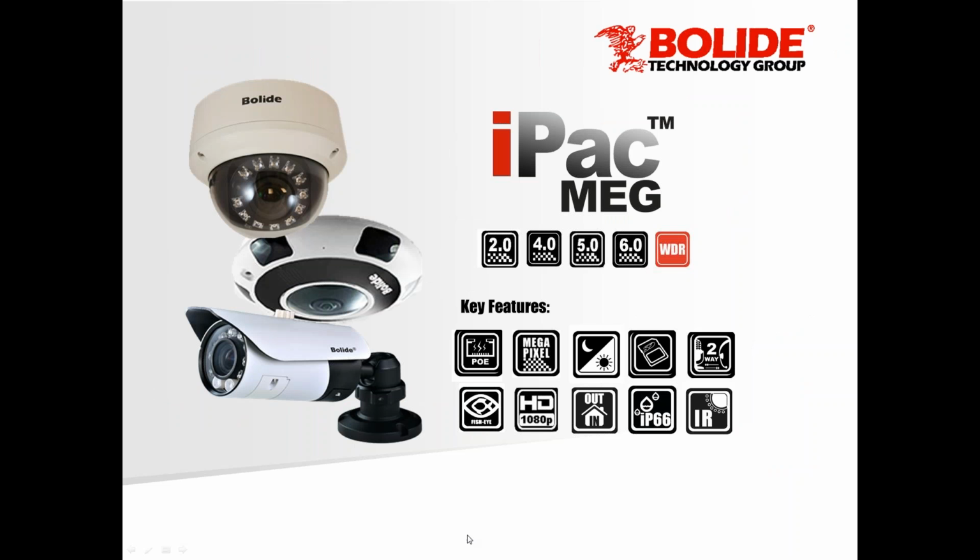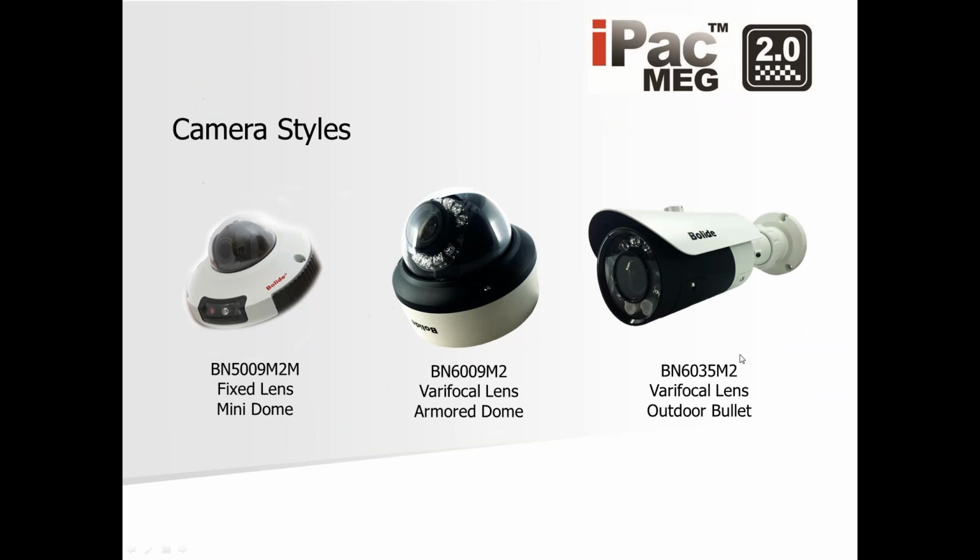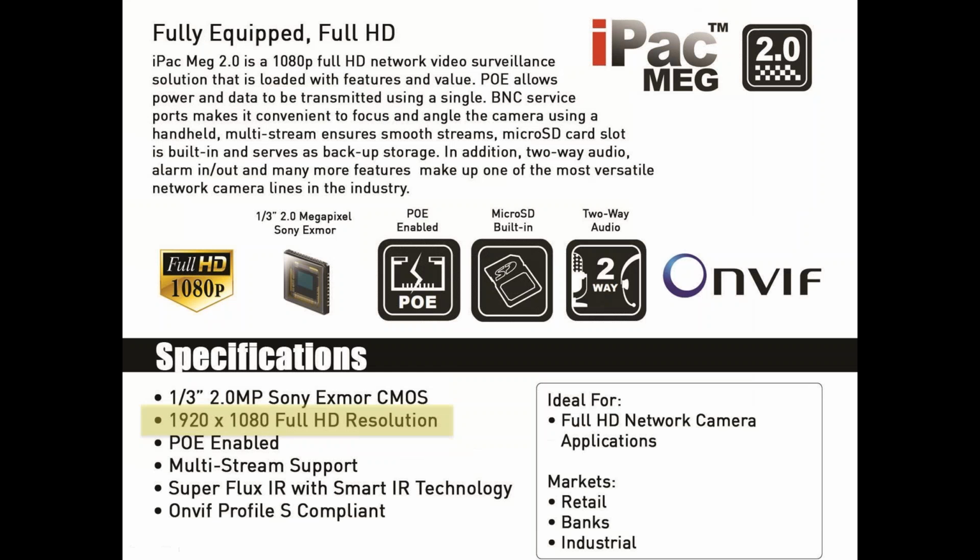Let's start with the iPac 2 megapixel. So let's look at the forms. We have this in a mini dome fixed lens. We have the 2 megapixel in a varifocal dome and a varifocal bullet. The main feature of this line is that it's a full HD 2 megapixel camera, good for any all-around application. Let's talk about the features a little bit.